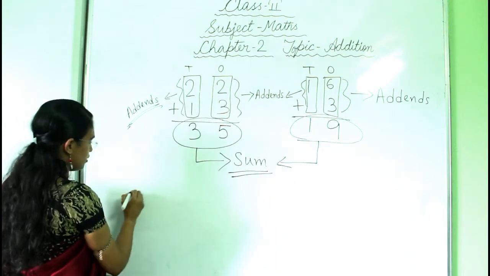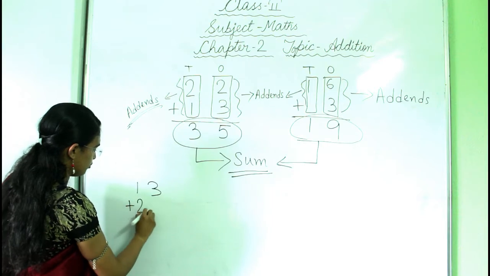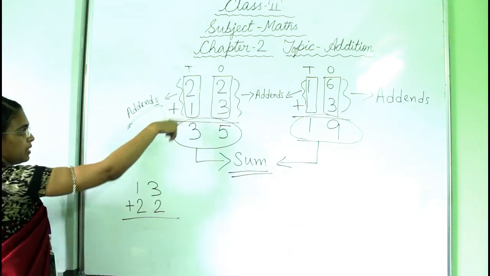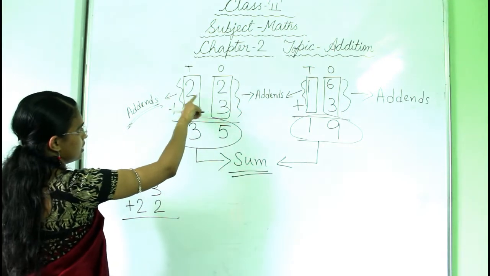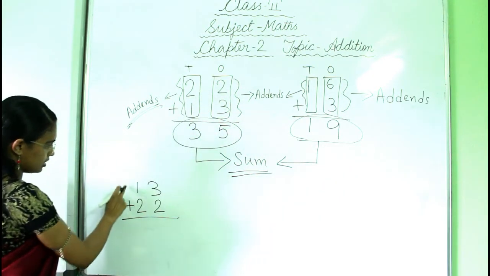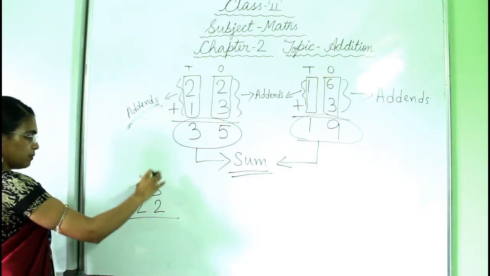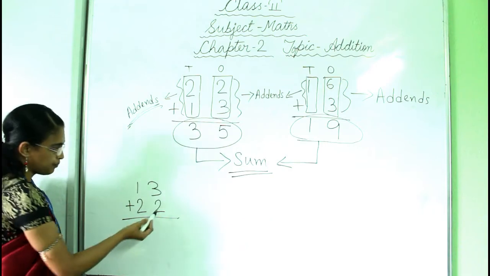Here 22 is written first, but here we will write 13 first, then we will add 22 with 13. I have changed the place of the addends. Here I have written 22 plus 13, but in this place I have written 13 plus 22. Now let's see whether the answer will be the same or different.